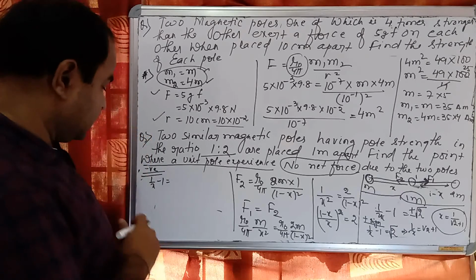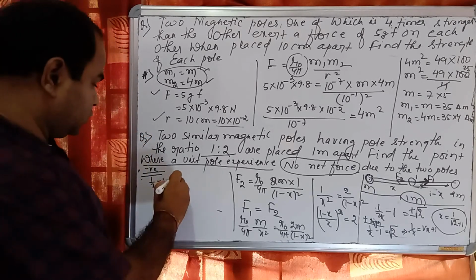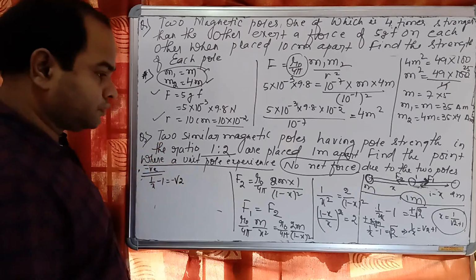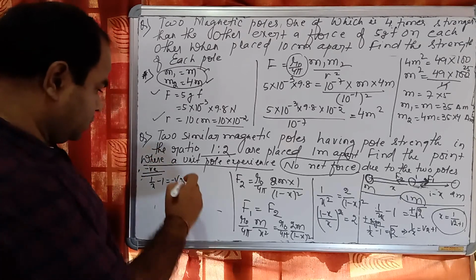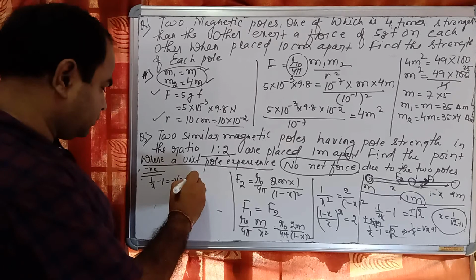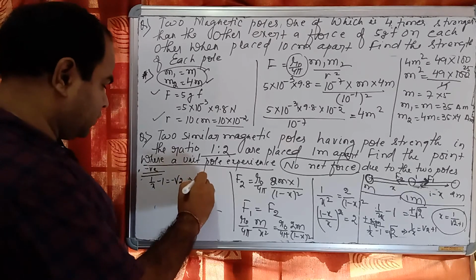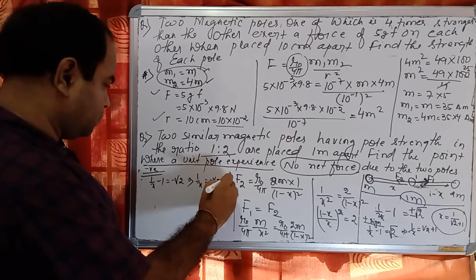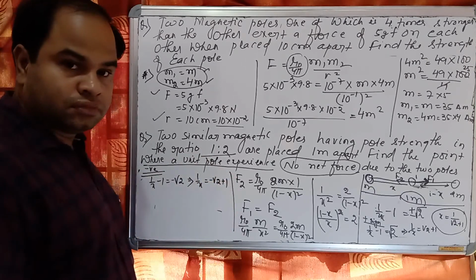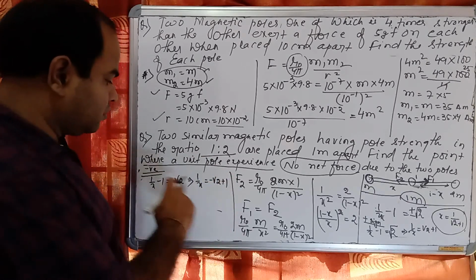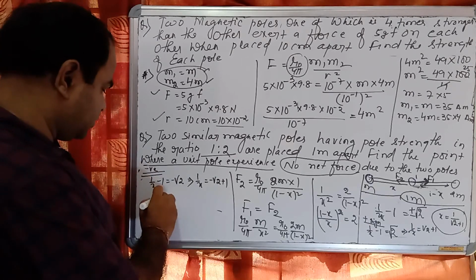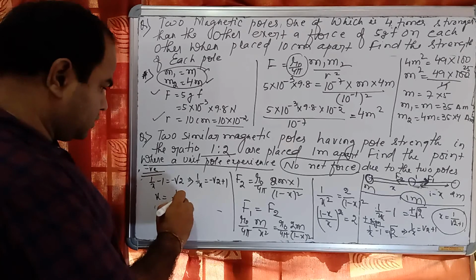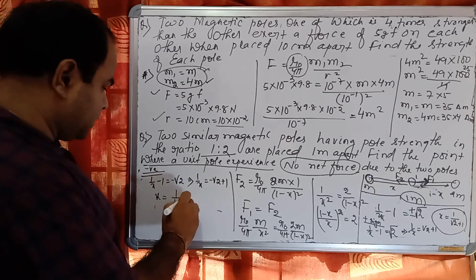If I take the negative, it is minus root 2, so 1 by x is equal to minus root 2 plus 1.